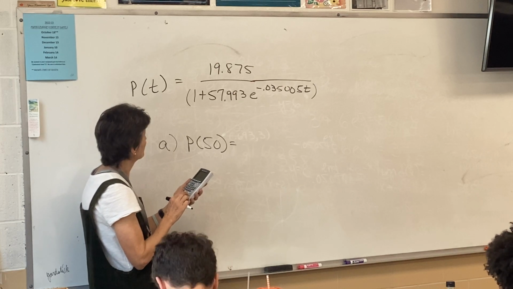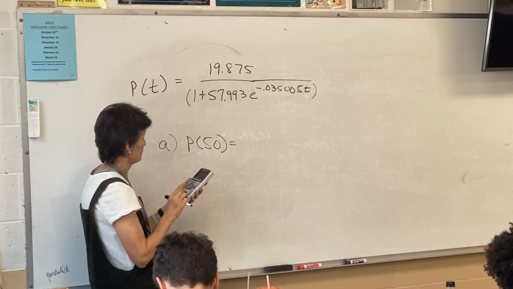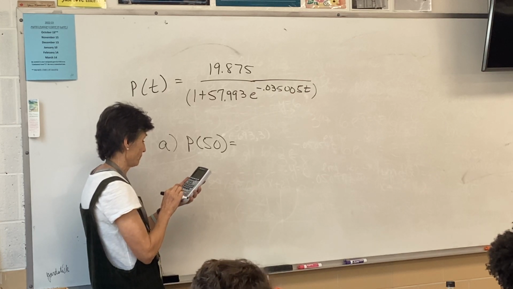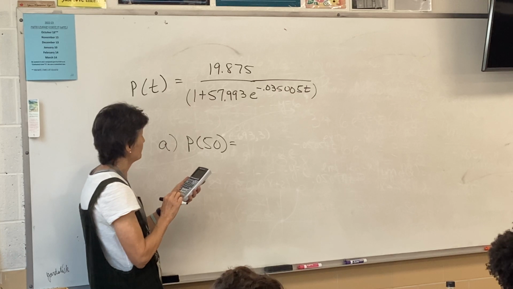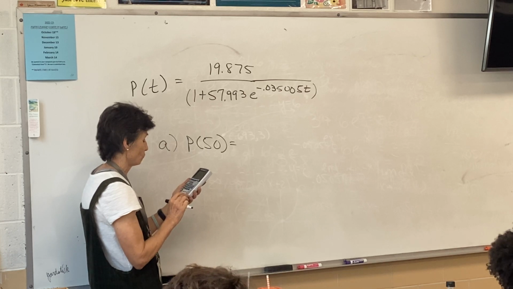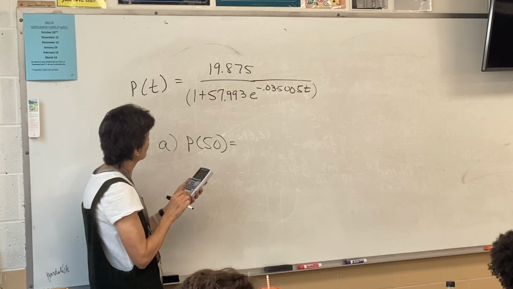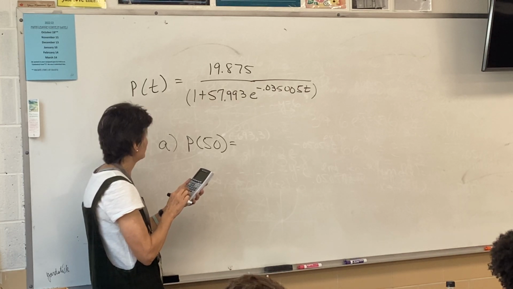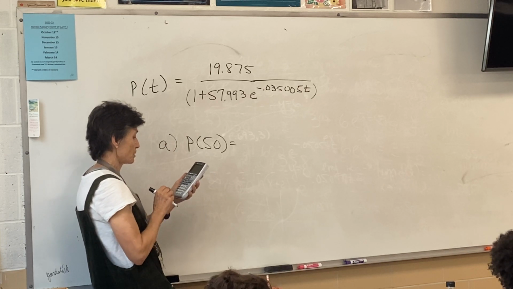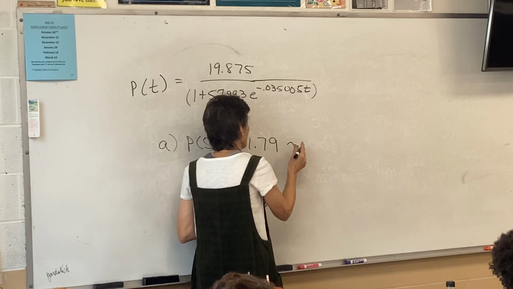What do we get? I got 1.7. What did you come up with? 1.79. So what does that mean?